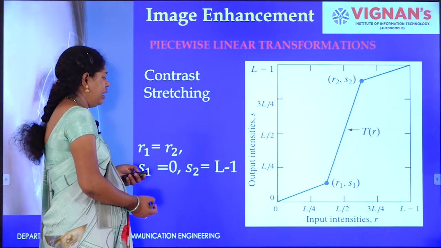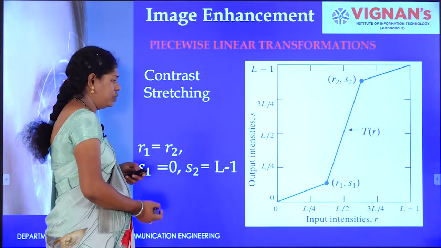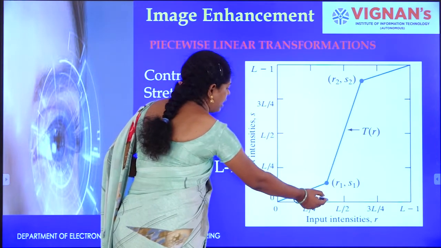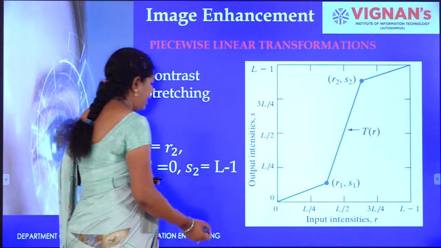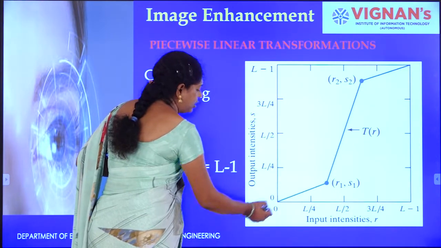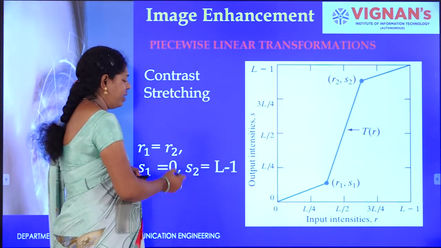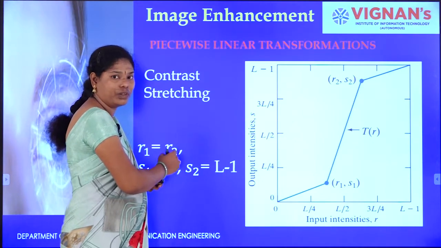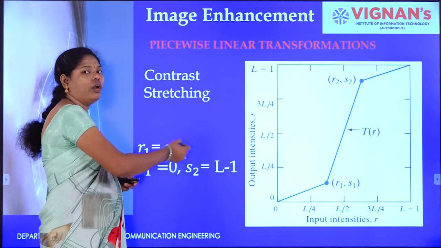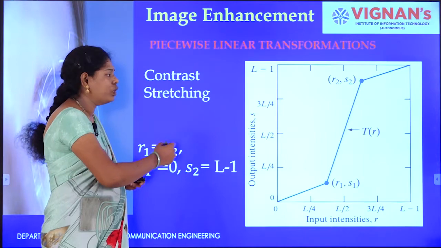Let us see, if R1 is equal to R2 and S1 is 0 and S2 is the maximum value, then the output is only either 0 or L minus 1, that is 2 levels.